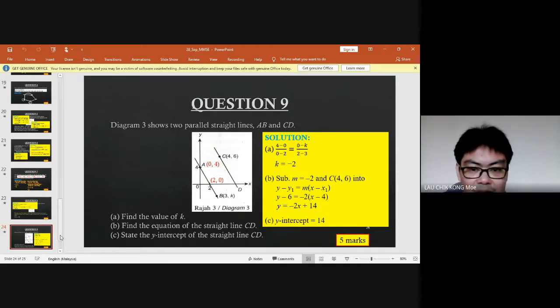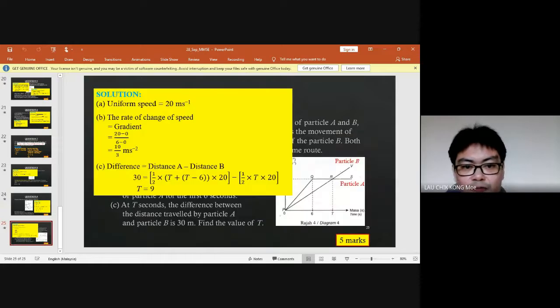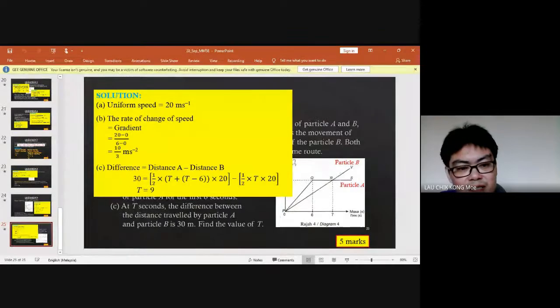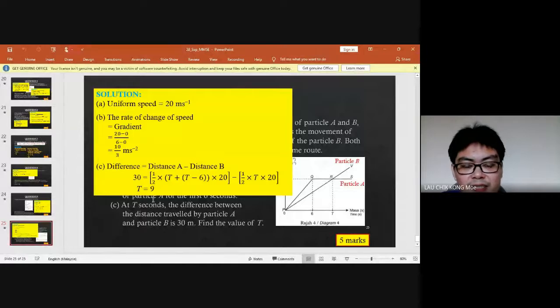And then number 10, the last question. Just now for Wilson, uniform speed equals 20, correct. And gradient equals rate of change, 10/3 or 3.3 meters per second, is correct. And then for part C, the difference between the distance for particle A and particle B, so minus. So finally T equals 9.